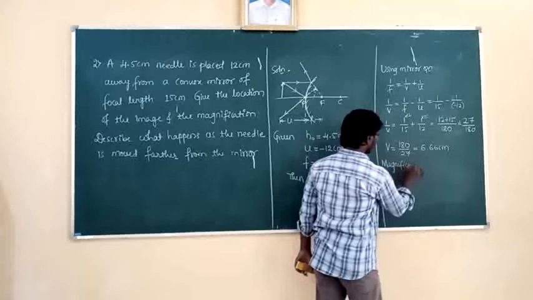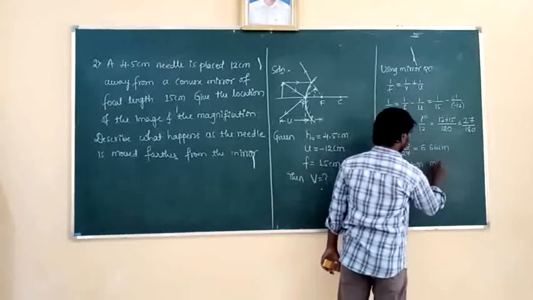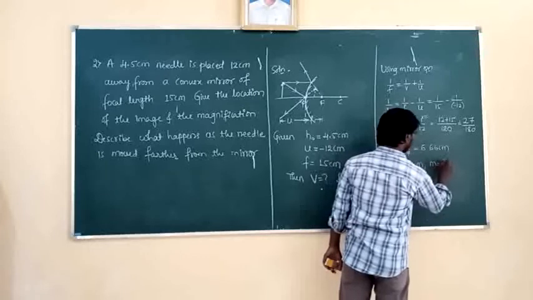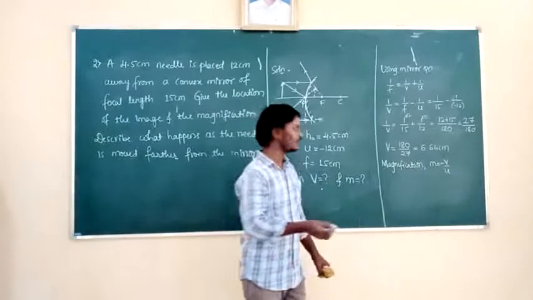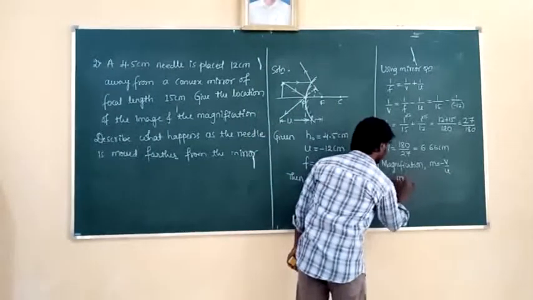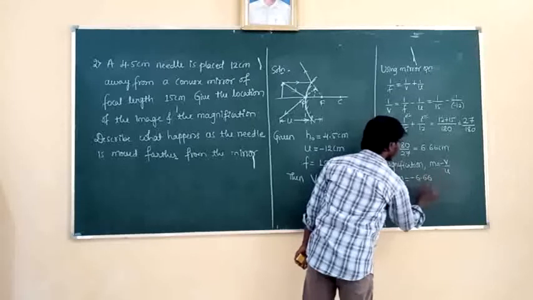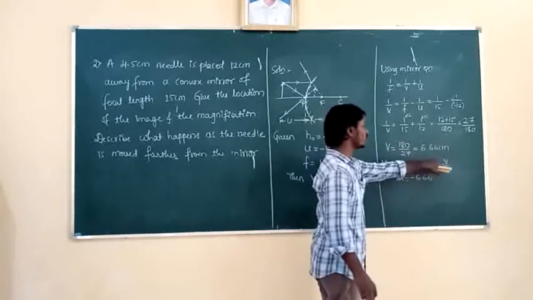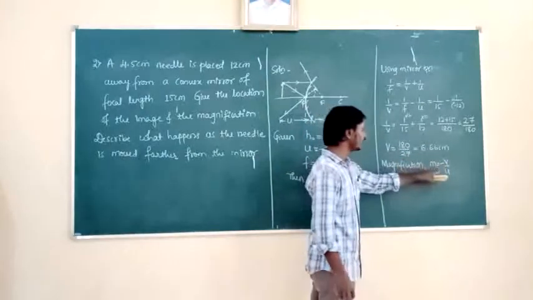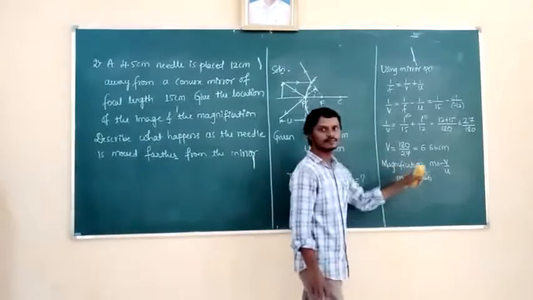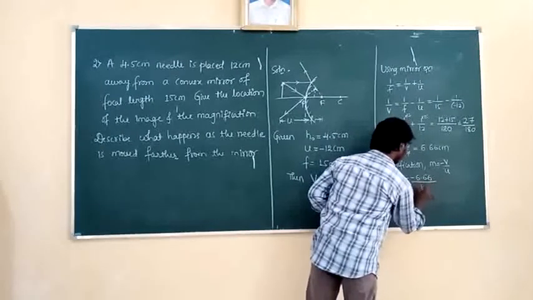What is the magnification formula? That is m is equal to minus v divided by u. By substituting the values, m is equal to minus 6.66, because v is plus 6.66 centimeter, and here minus into plus is again minus, divided by the object distance, which is minus 12.